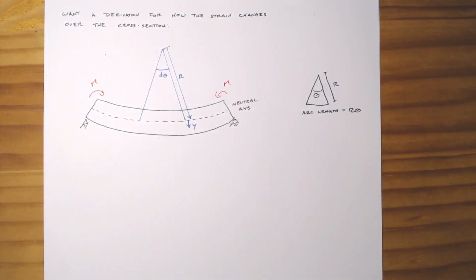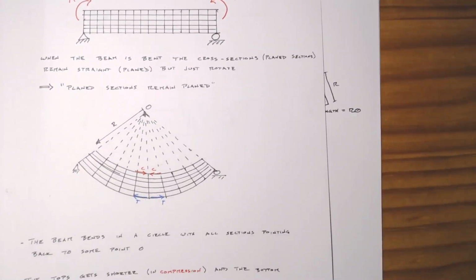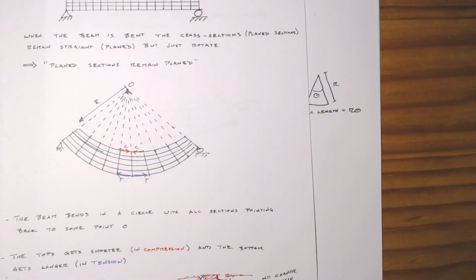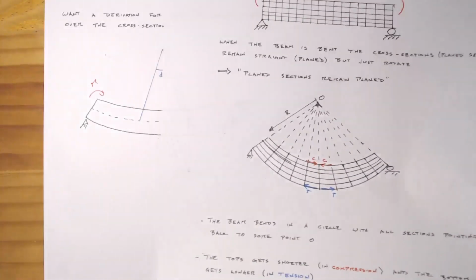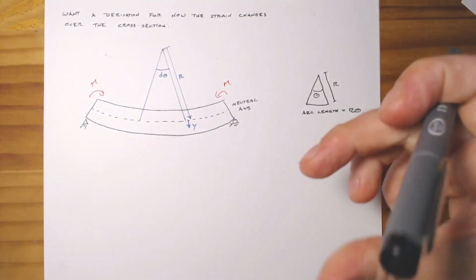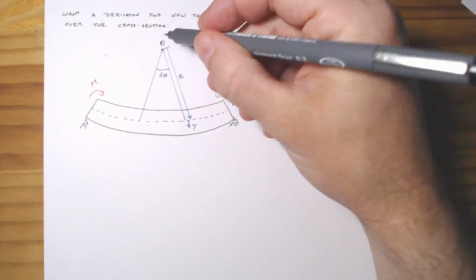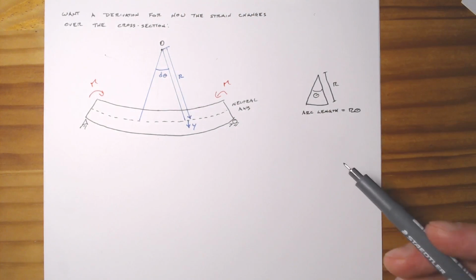As we said, it's bending around some point O. So we treat some point O and some distance R, where R is the distance from the point about which all of these plane sections are rotating to the neutral axis.